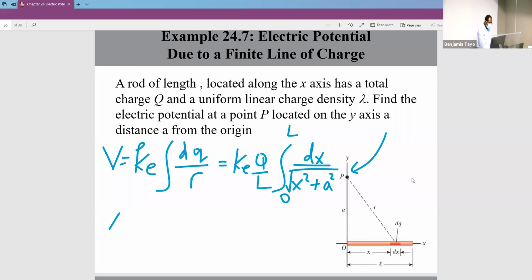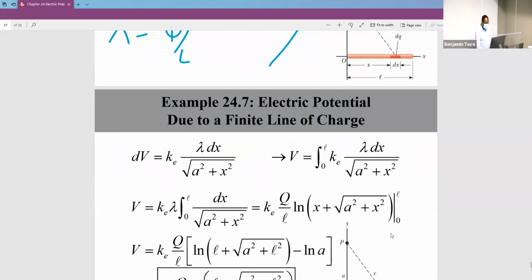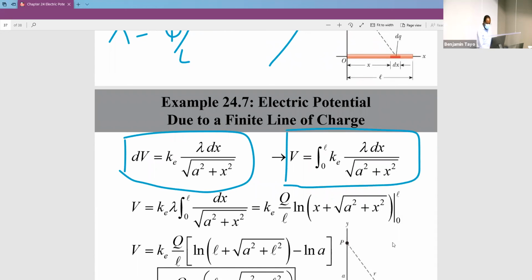Remember that I'm substituting this value here as Q over L. And again, look this up. You can see this from here. So this is your V. From here you can get your V. Now this integral is given by the natural log.